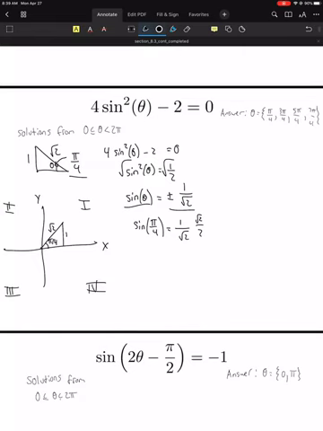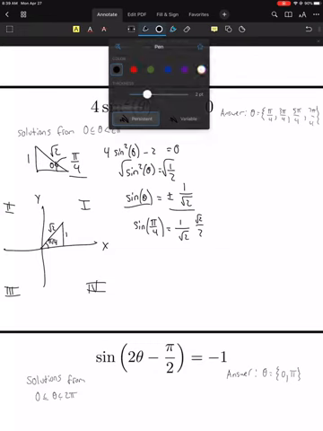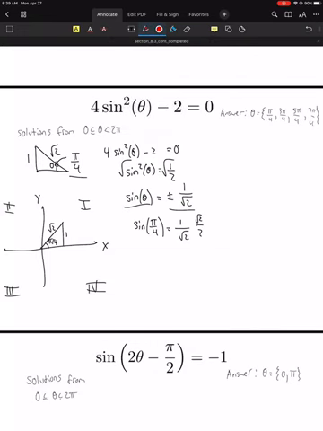Well, I can make a similar triangle in quadrant 2, where this reference angle inside is pi over 4.